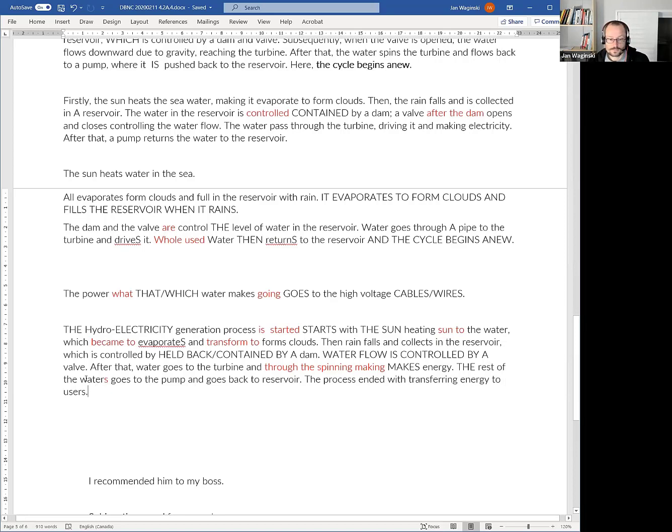Let's get rid of this. The water goes to the pump and back to the reservoir. Other people have written and is sent back to the reservoir, or is pushed back up to the reservoir. The process ends.